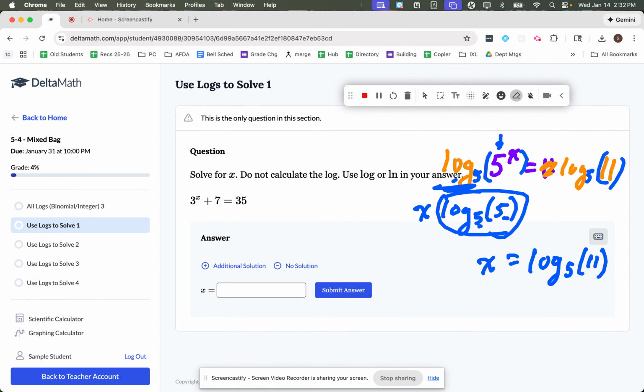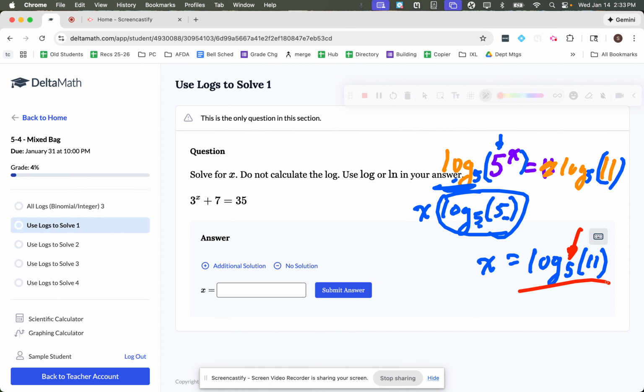But remember when I explained to you at one point that sometimes calculators don't have a way to calculate logs of any base. So if you're going to actually find this, which you don't, do not calculate the log, if you had to find the exact value in your calculator, you'd have to do a little trick where you go log of 11 over log of 5.